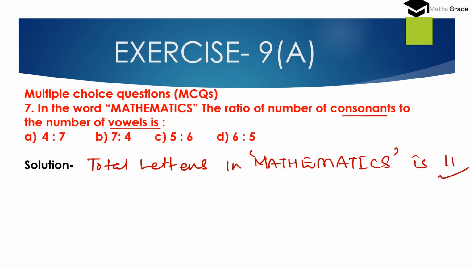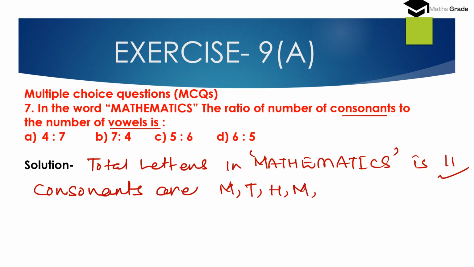Number of consonants: M is consonant, A is vowel, T is consonant, H is consonant, E is vowel, M is consonant, A is vowel, T is consonant, I is vowel, C is consonant, and S is consonant.